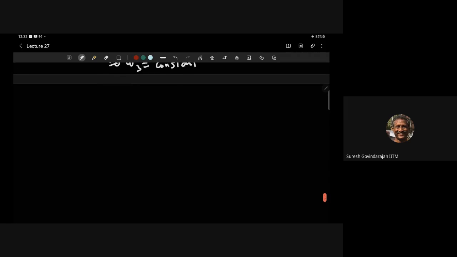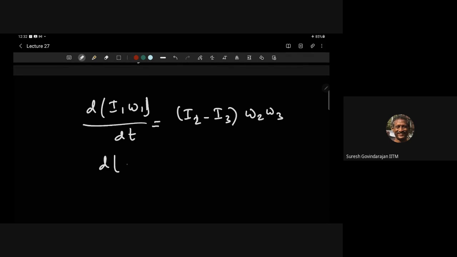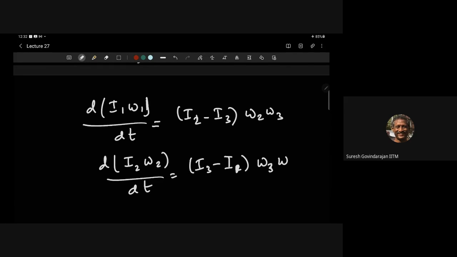So let's look at the other two equations. That is d(I1 omega 1)/dt equal to (I1 minus I3) omega 2 omega 3.